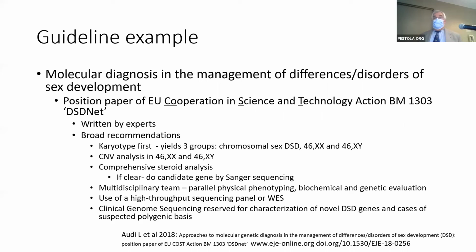Then you go to a multidisciplinary team to do that deep phenotype, the rest of the biochemical, other genetic evaluations, and they use a high throughput technique. High throughput means next generation sequencing, it means a panel, it means exomic sequencing. Okay? And they reserve genomic sequencing if they think about novel genes and things that are polygenic, things that they haven't been able to solve going through the rest of this pipeline.